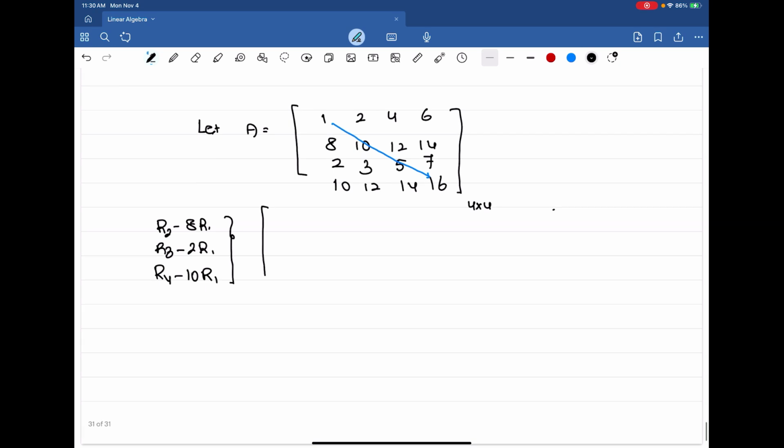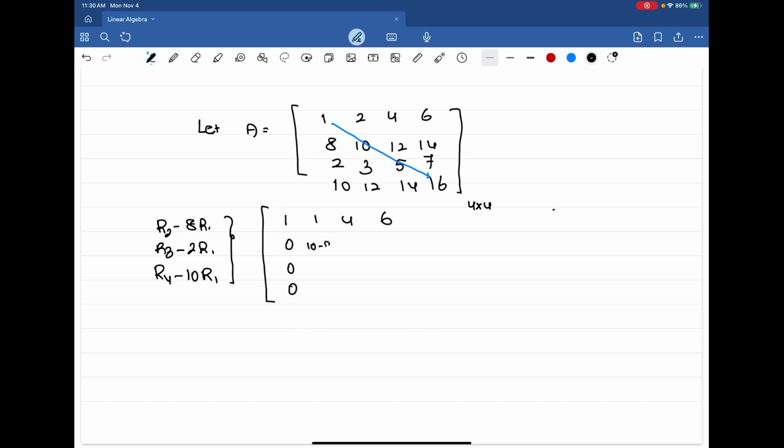What will be the result? 1, 0, 0, 0. And the first row is the operator, hence it will not change. In the second row, R2 minus 8R1. This is 10 minus 8 into 2.